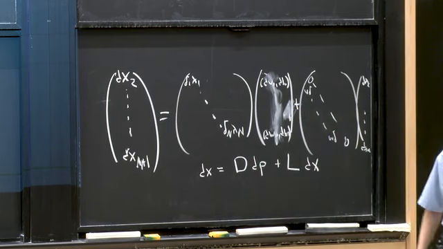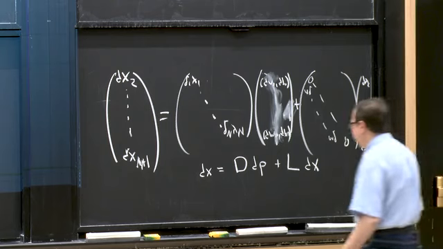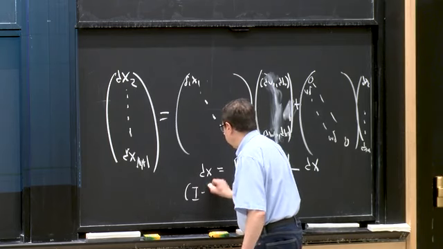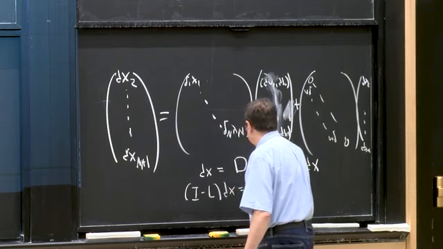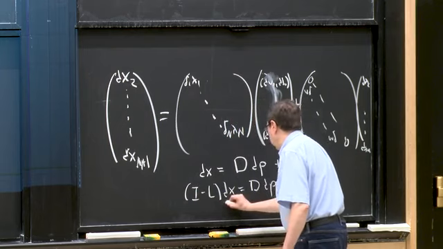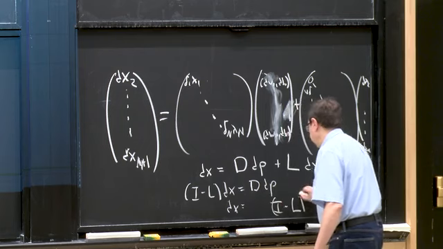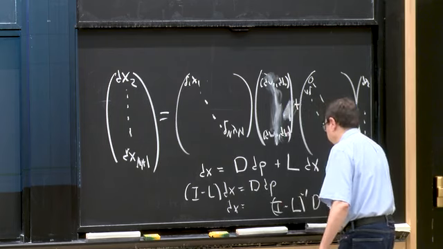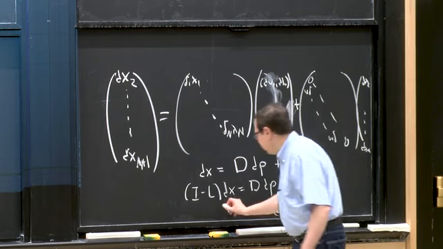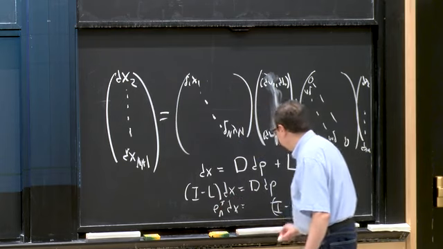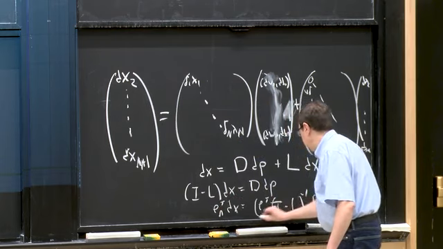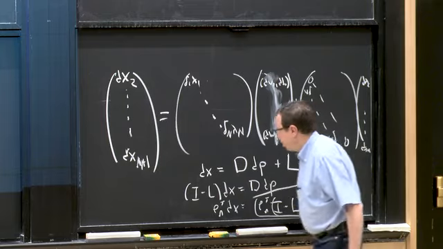If you want to solve this, linear algebra just does the backpropagation. You have (I minus L) dx equals D dp, so dx will be (I minus L) inverse D dp. And if I only want the last element, let's say e_n is the vector that pulls out the last element, then this is all I'm going to need to get all my derivatives.